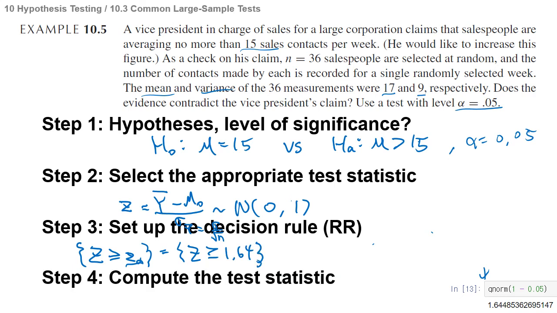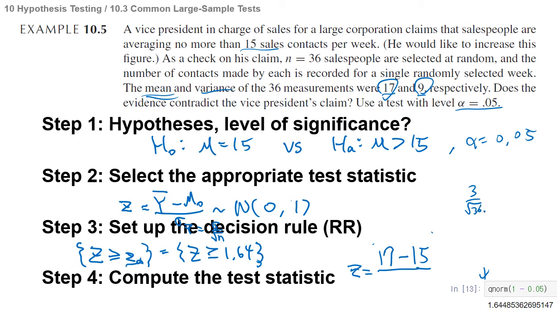And step 4 is to compute the test statistic, which is z. Our test statistic z is y bar, and y bar is 17, the mean, minus mu 0, which is 15, and the variance is 9. So our standard error estimate is 3 over square root of n, and we have 36 observations.